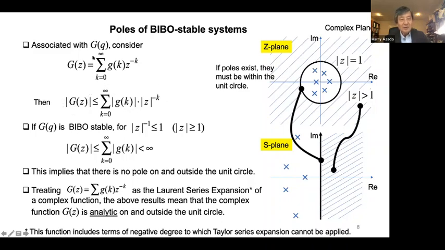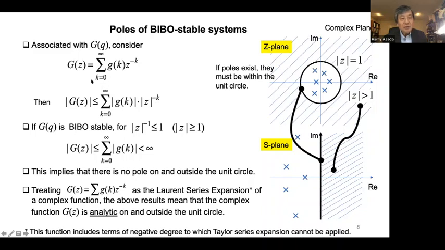Bounded by this, because we take the absolute value for each term, so it can be written in this way, and the product can be taken individually to compute the absolute value, right? So looking at this, we can make the following interesting observation.